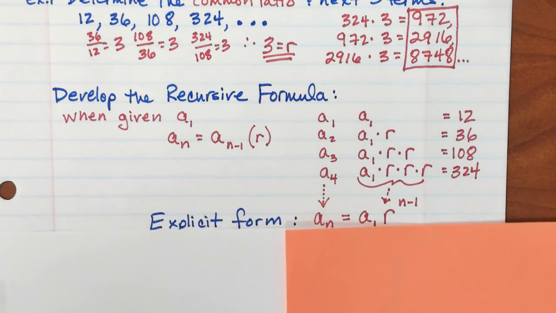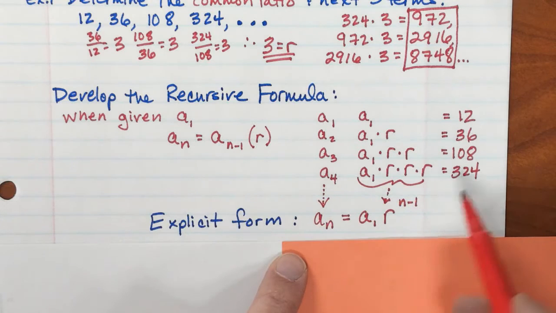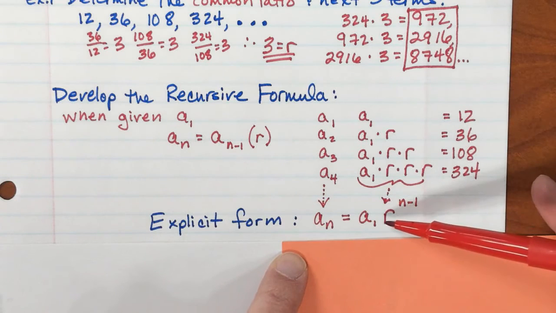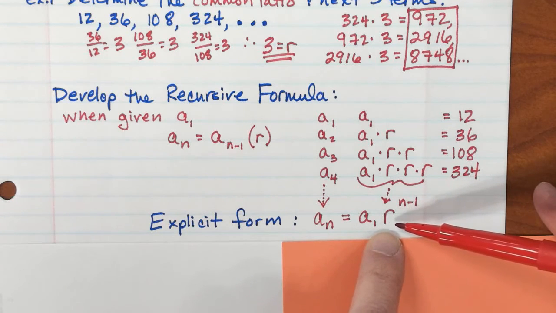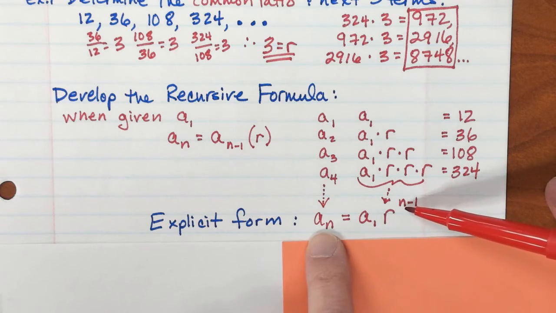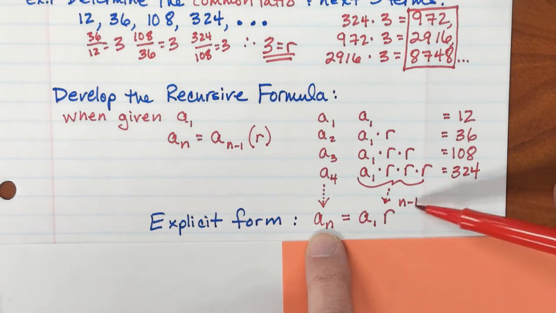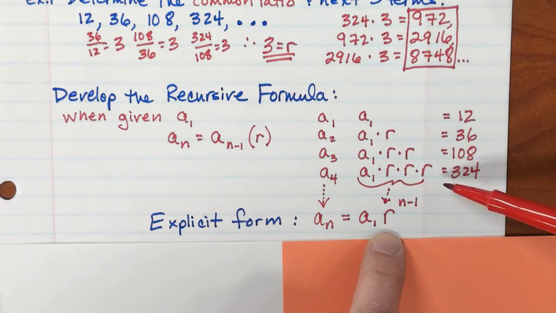So we can state explicitly that to get this sequence, you take the first term times the ratio, and then the n value of whatever term you want minus 1. So you would have r to that power, in other words.